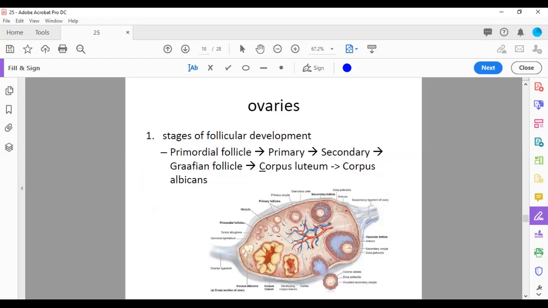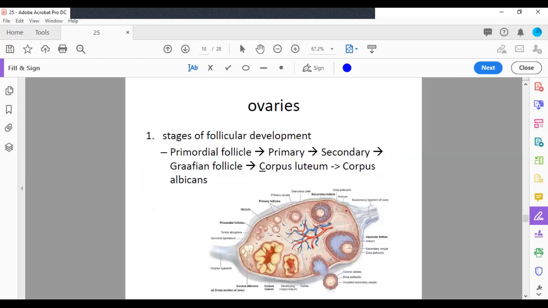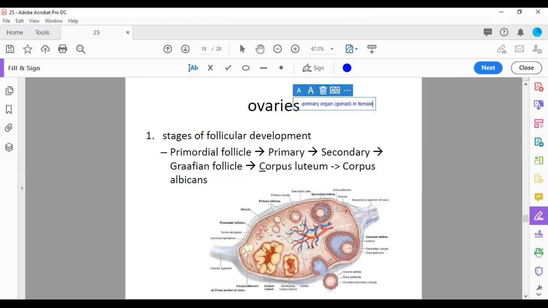Let's begin with the ovaries. The ovaries are part of the primary organs, or gonads. So the ovaries are the primary organ, or gonad, in the female. Their primary functions are that they produce egg cells, or oocytes, and hormones.